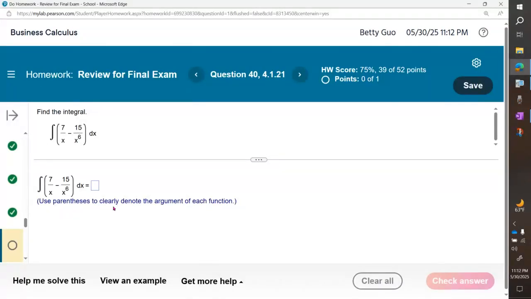Use parentheses to clearly denote the argument of each function.